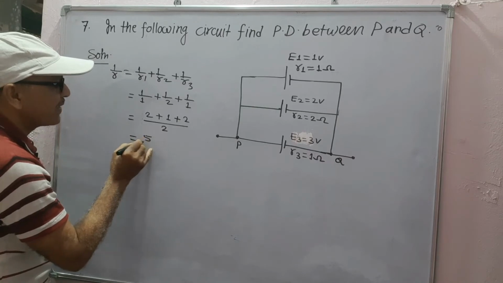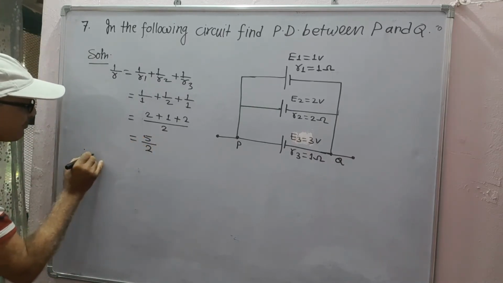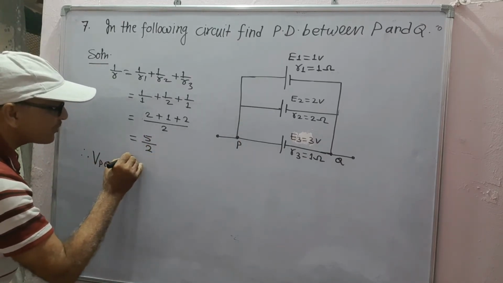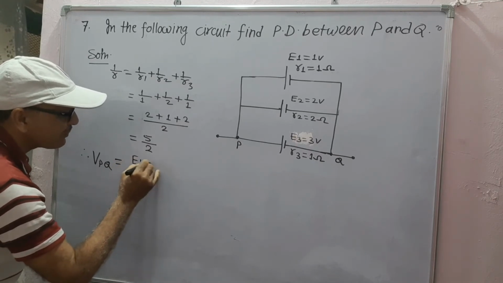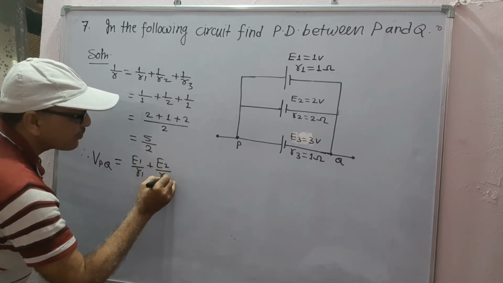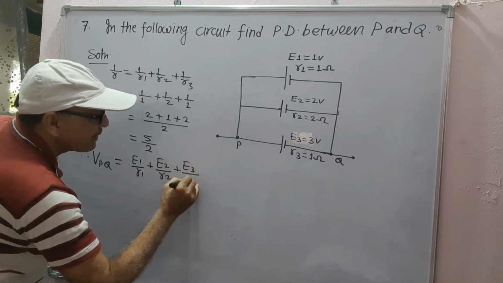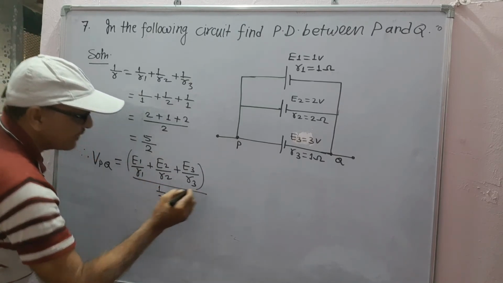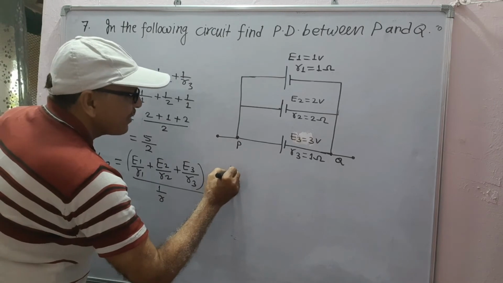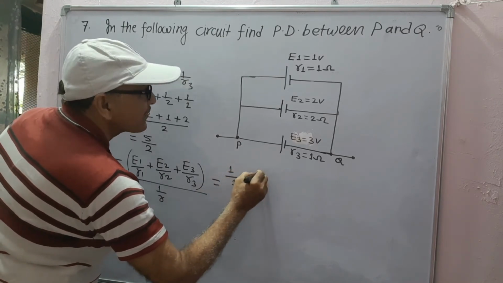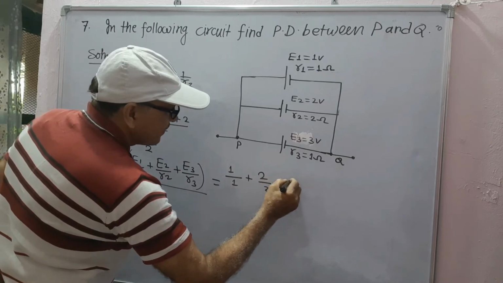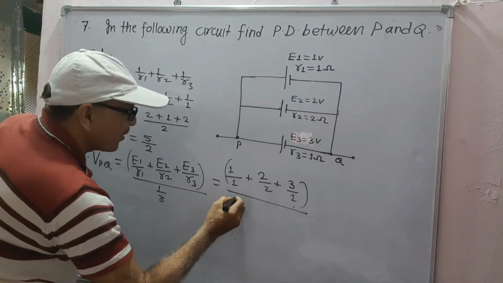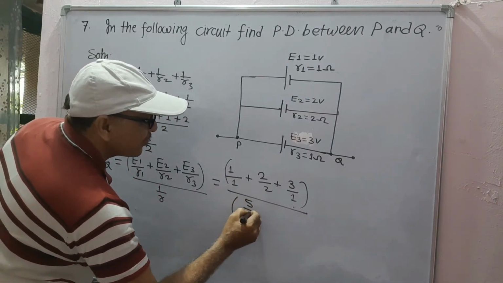means 5 by 2. Therefore, VPQ, potential difference between P and Q, will be equal to E1 upon R1 plus E2 upon R2 plus E3 upon R3, whole divided by 1 by R. Now put the values: 1 upon 1 plus 2 upon 2 plus 3 upon 1, whole upon 5 by 2.